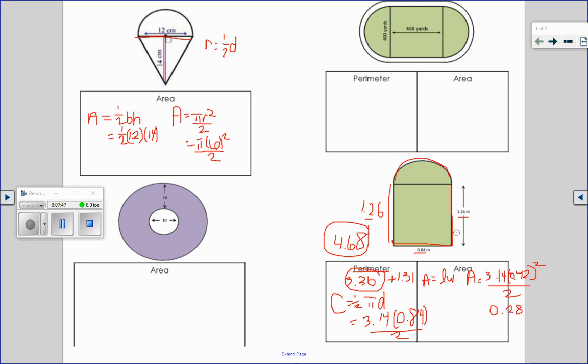And then the area of the rectangle would end up being 1.26 times 0.84, and that is 1.06. Then I need to add it to my answer plus 0.28, so you should get as your final area 1.34.